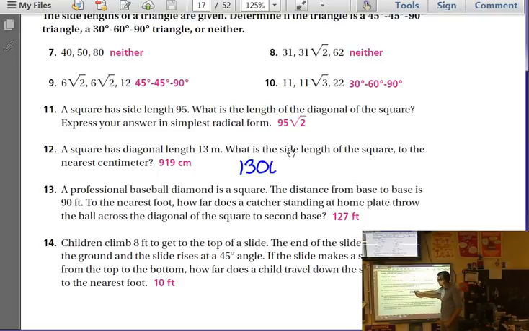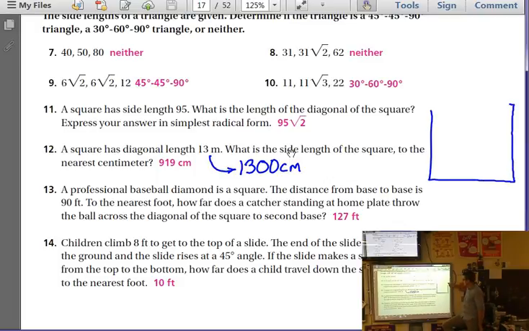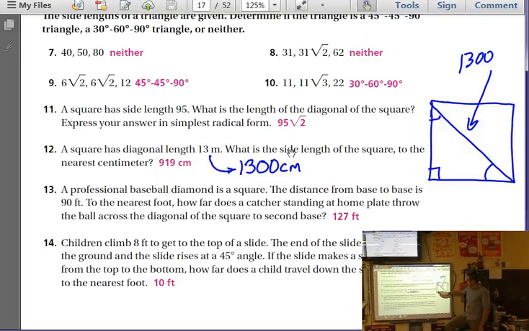100, right? So if I turn from meters to centimeters, this will be 1,300, because I just multiply by 100. So if we want to talk in centimeters, which makes my life easier because then the values are larger, I can just talk about 1,300 centimeters. It's the diagonal of the square. We know that this is going to be what kind of right triangle?